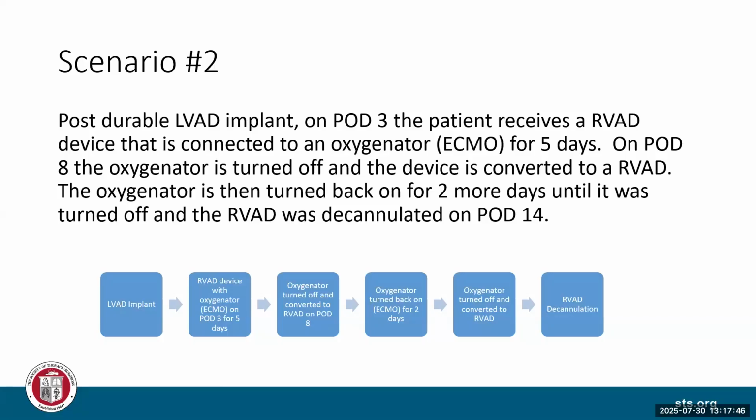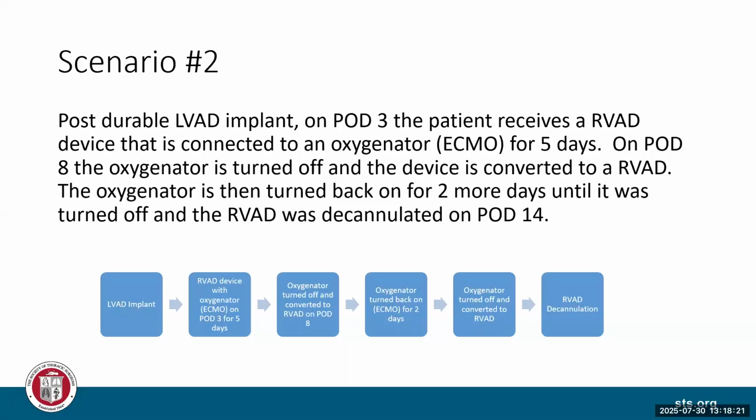So what's different in this scenario is the patient got their durable LVAD and then they were put on ECMO afterwards. So the RVAD is not entered into the database until the oxygenator was turned off on post-op day 8. So that's the difference here. And then the oxygenator is then turned back on after post-op day 8 for 2 more days until it was turned off on post-op day 14.